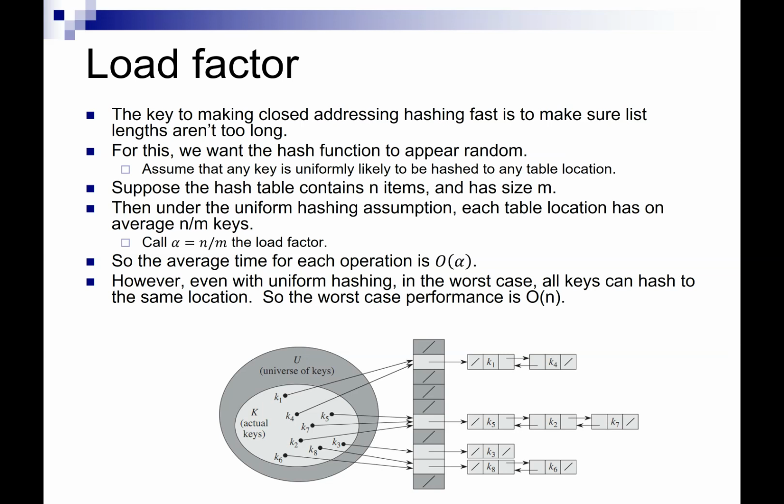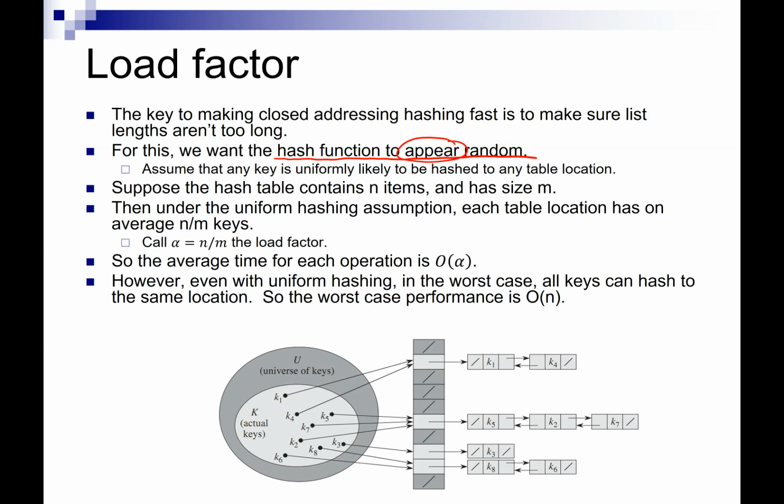However, the problem is that even if you have uniform hashing, it is still possible in the worst case that all of your keys hash to the same location. I think I didn't mention this, but I need to say this, which is very important. Here we're using a hash function which appears random.